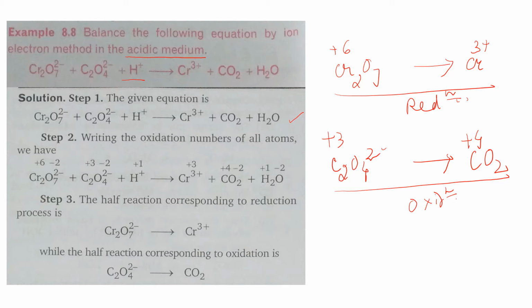The half reaction corresponding to the reduction process is Cr2O7 2- going to Cr3+, and the other, the oxidation half reaction, is C2O4 2- to CO2. Now you have to balance the oxidation half reaction and the reduction half reaction separately. Let us see what is there in step number 4.